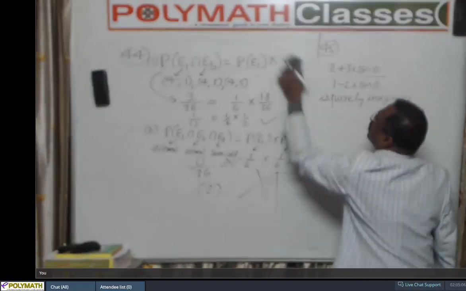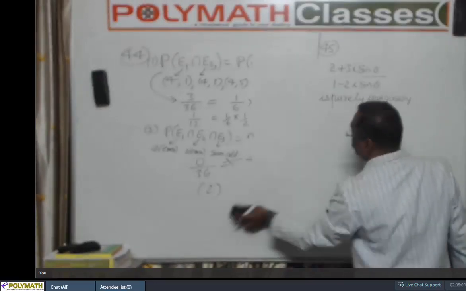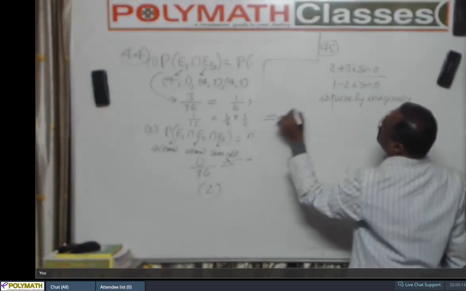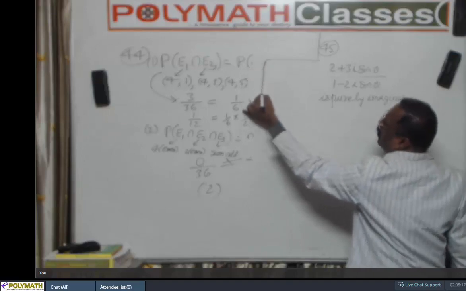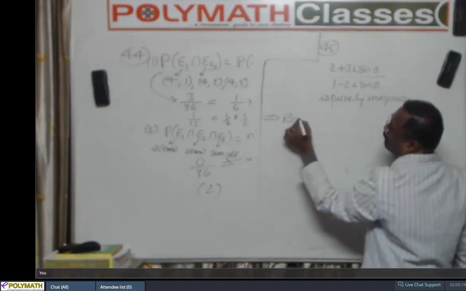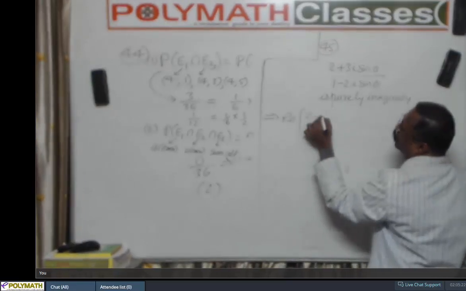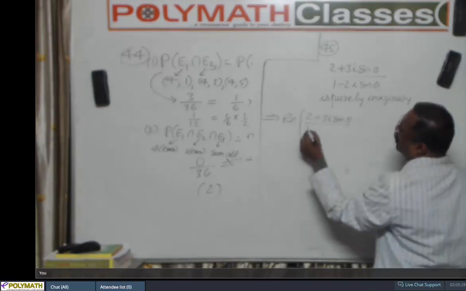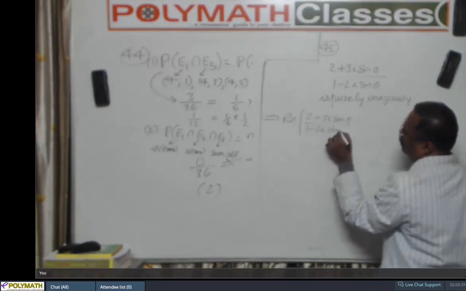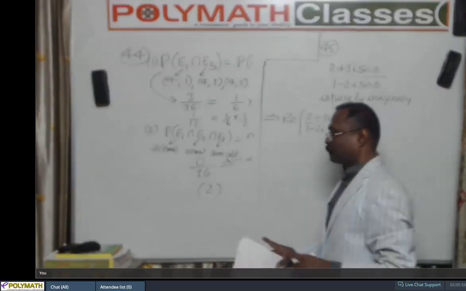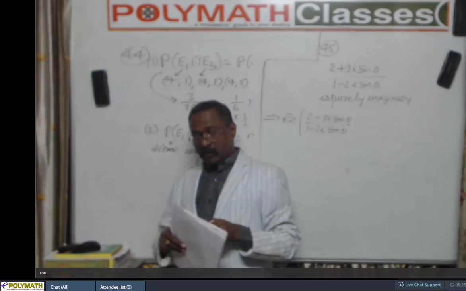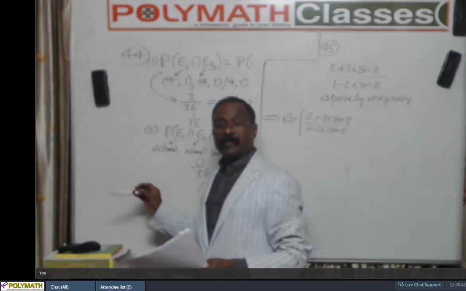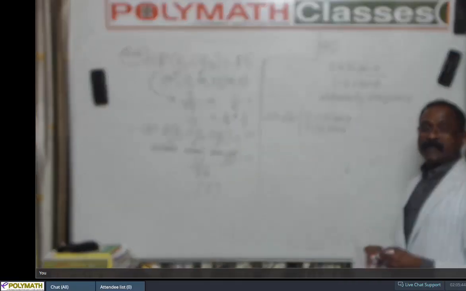So if it is purely imaginary, as you know, its real part must be 0. Which implies the real part of (2 plus 3i sine theta) divided by (1 minus 2i sine theta) must be 0. For the given complex number to be purely imaginary, its real part must be 0.